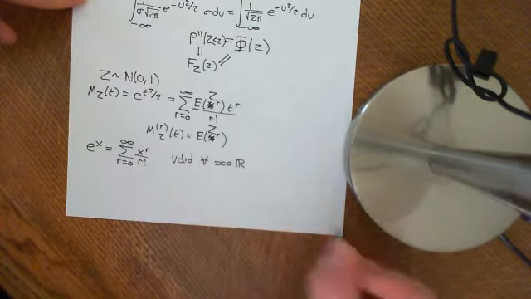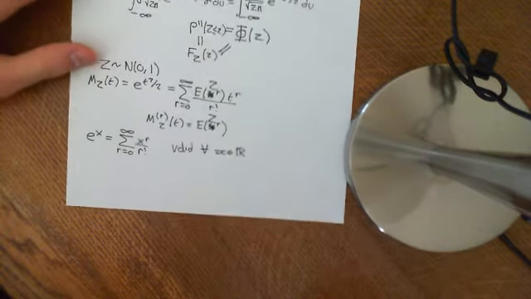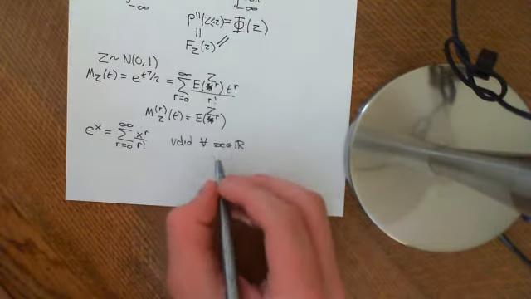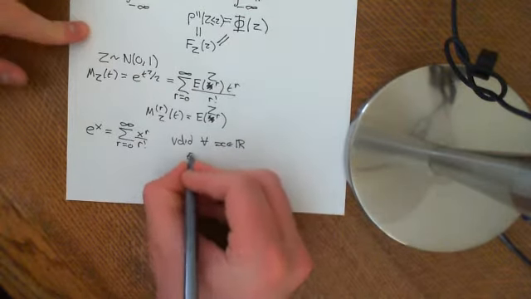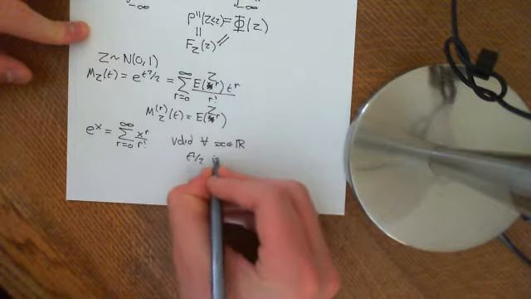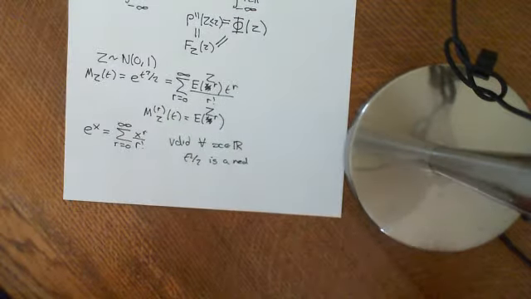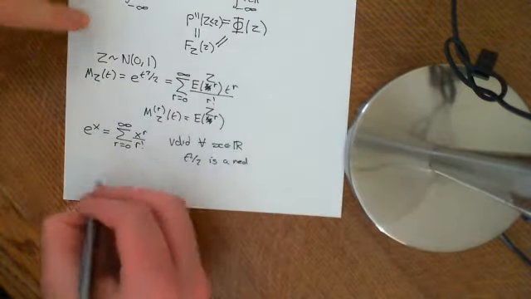It's actually valid for all x in the complex plane, but it's certainly valid for all real numbers. So t squared divided by 2 is a real number. Whatever t is, when you square it you get some real number, and when you divide it by 2 you get some real number.